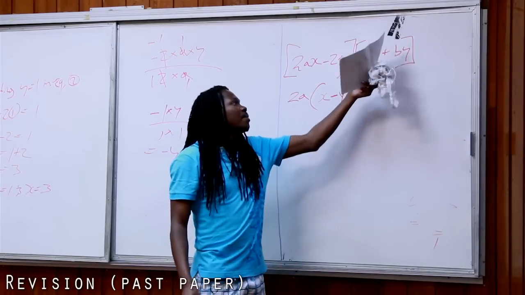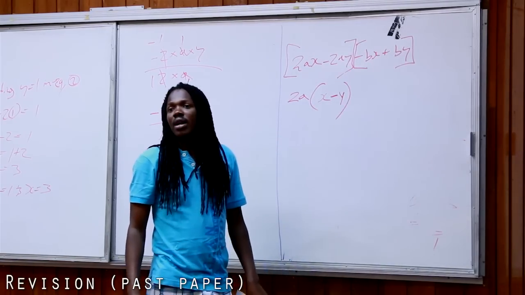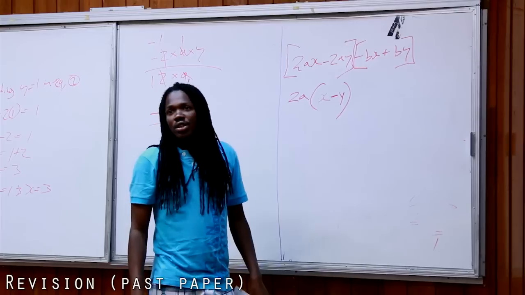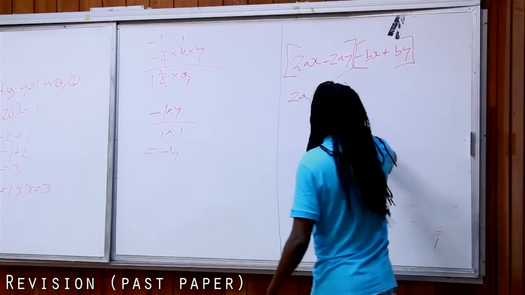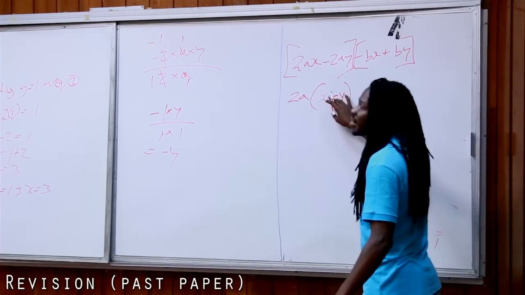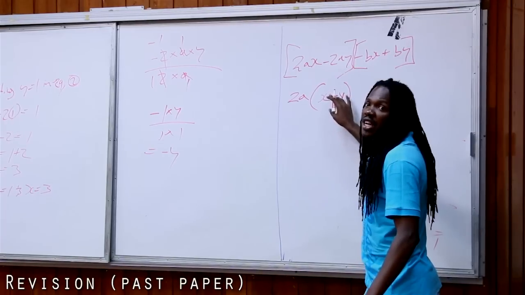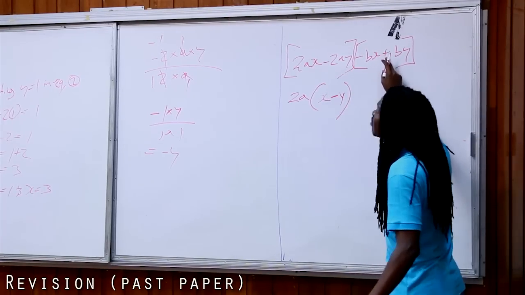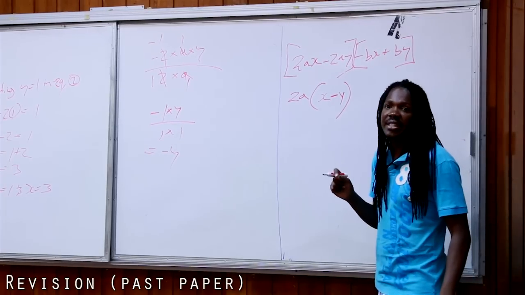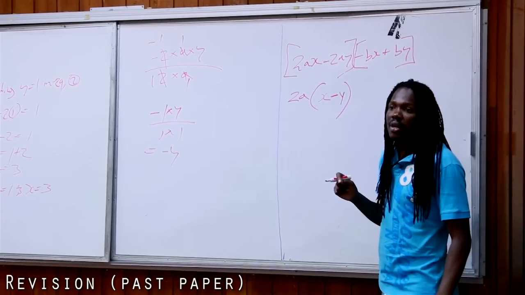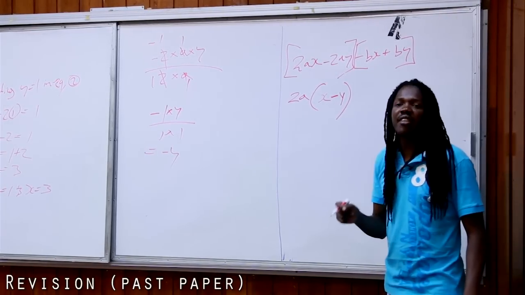What number is common here? No number. So what letter is common? b is common. Now we want it to be equal to x minus y. If it's going to be equal to x minus y, then I have to do something to this sign. How do I change the sign? If I want to change the sign, I have to use negative.